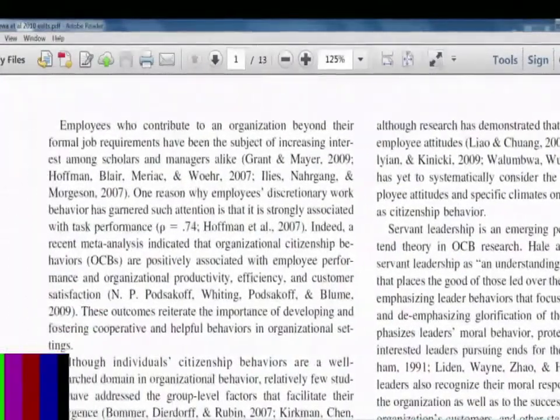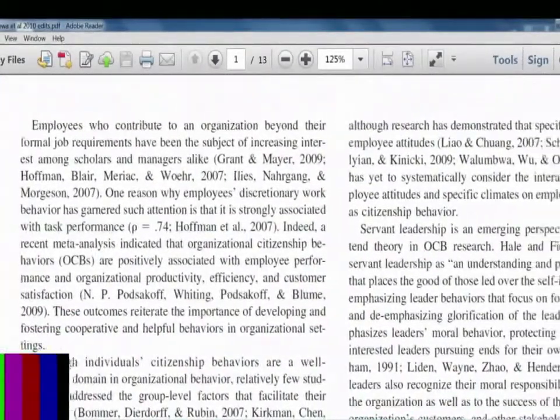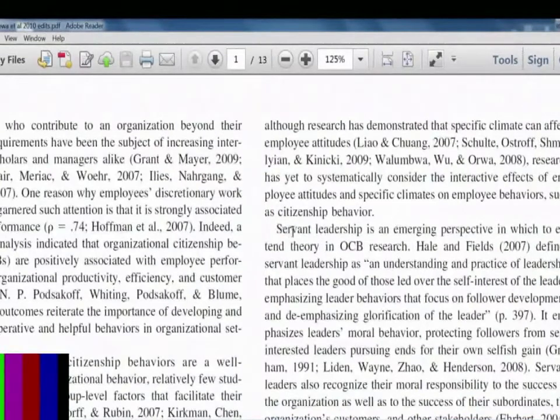And here within the introduction, over on this side, we get a definition. Servant leadership is an emerging perspective in which to extend theory in OCB, or organizational citizenship behaviors research.